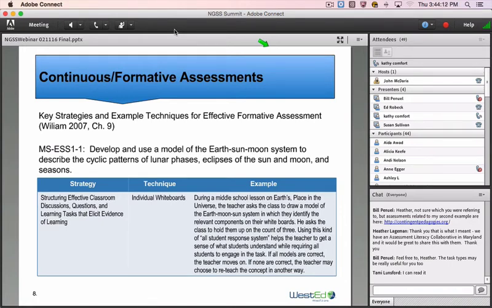So he has the class draw their model, and on the count of 3, the students all hold up the whiteboard at once, so the teacher can get a sense of what the students are understanding while the students engage in the task. The teacher looks around the class to see if all the models are correct. If so, they move on with the lesson, but if none of them are correct, the teacher may stop to reteach the concept in another way.